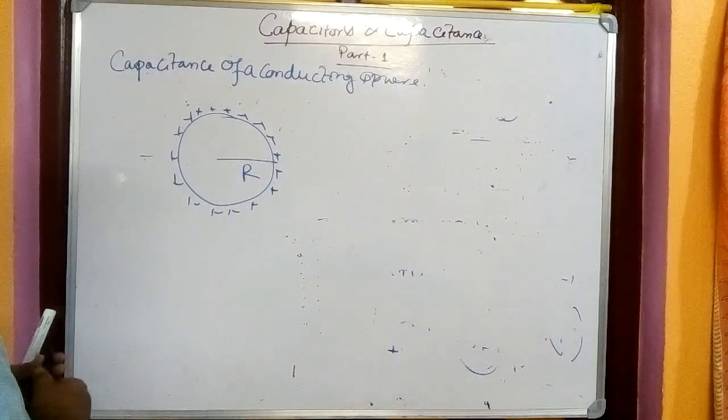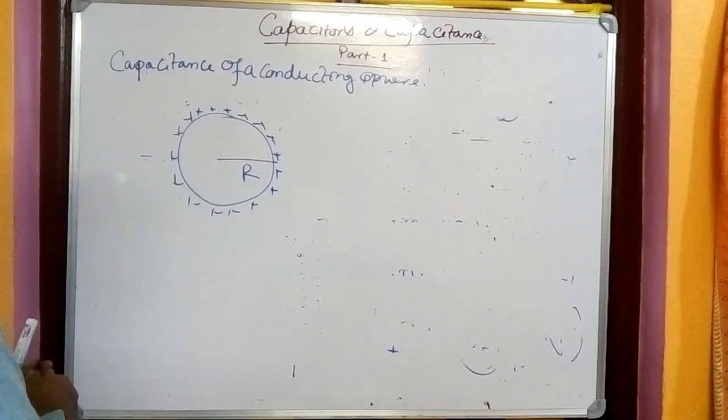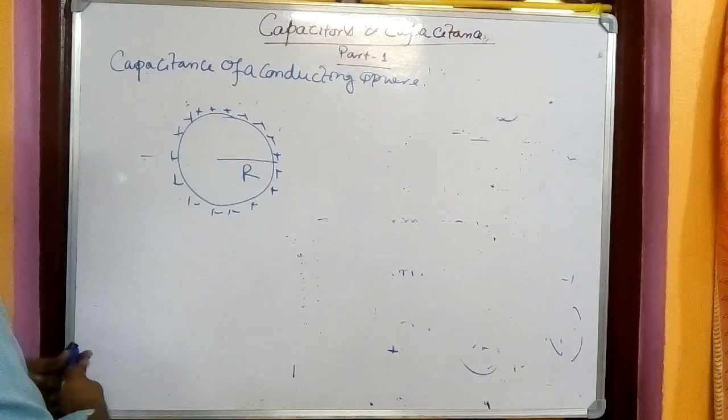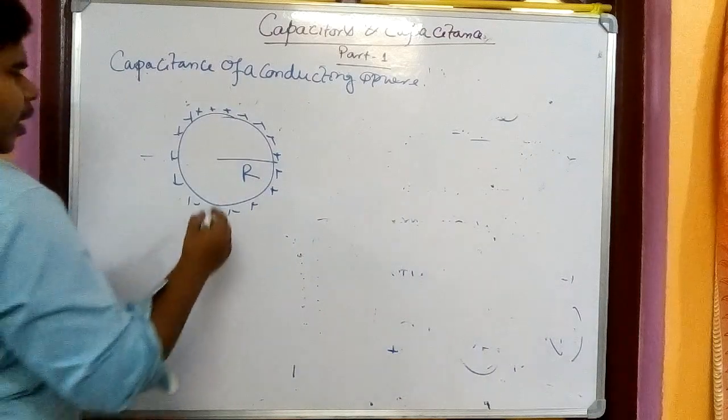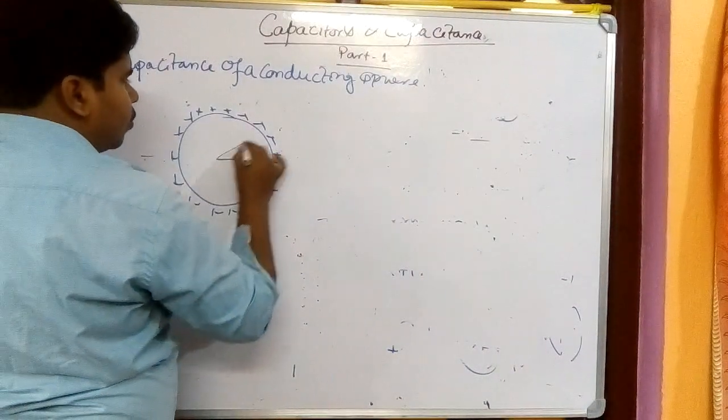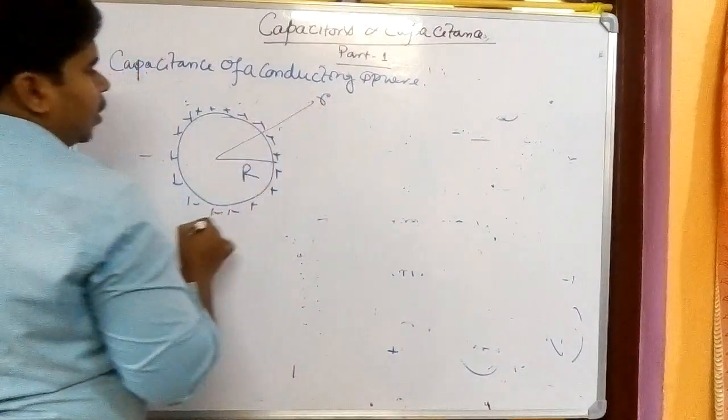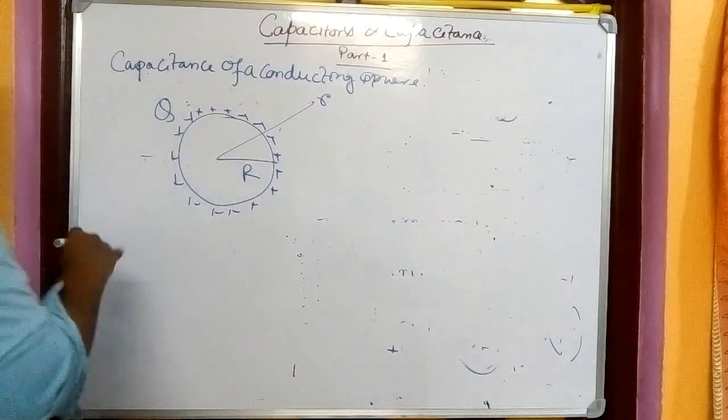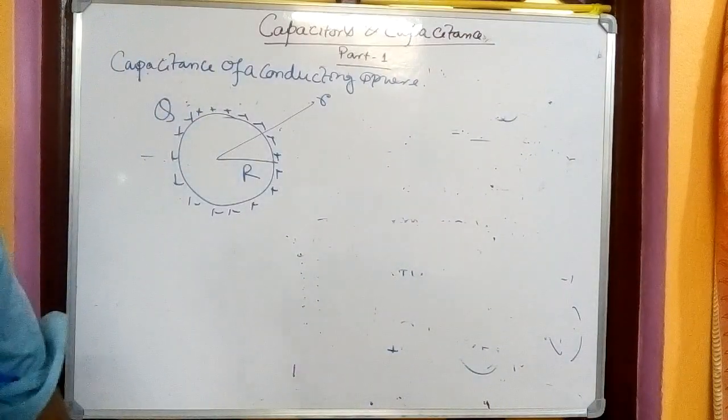Now the question is, what should be the potential at a certain distance, small r, due to the charge distribution, if the total charge is q?